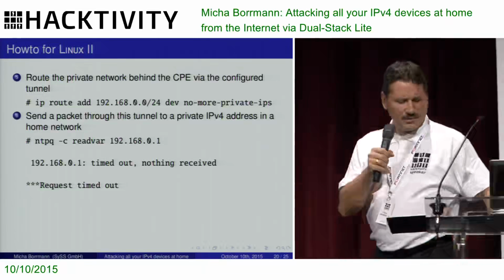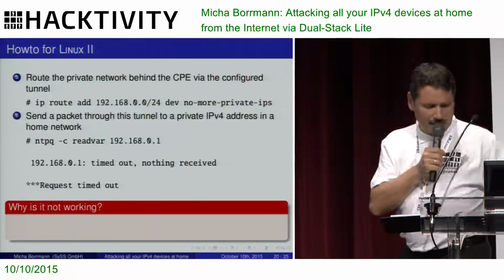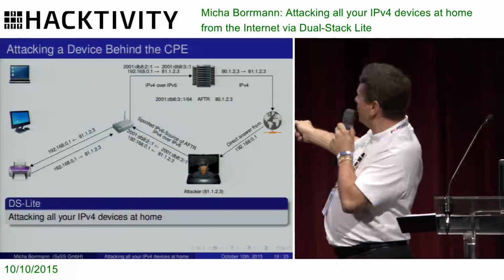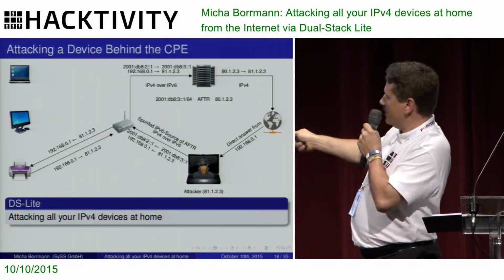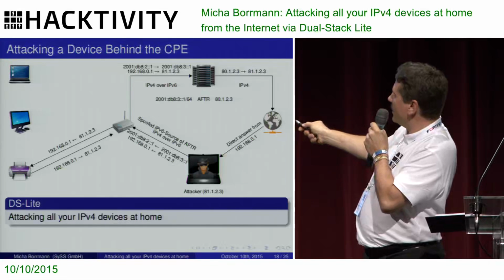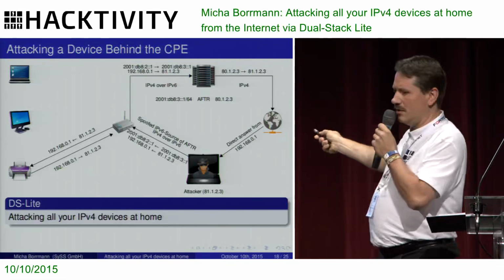Sure? Why is it not working? You send a packet that way, maybe an NTP service is running here. The response goes that way, that way, that way. Here, it should be received here.